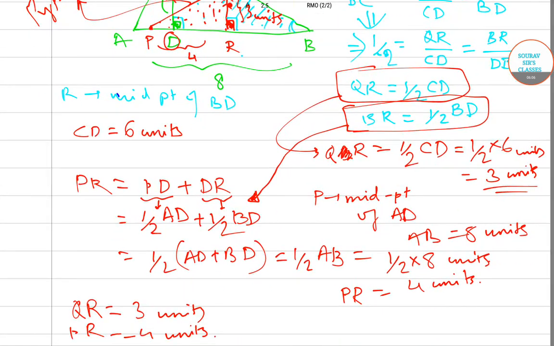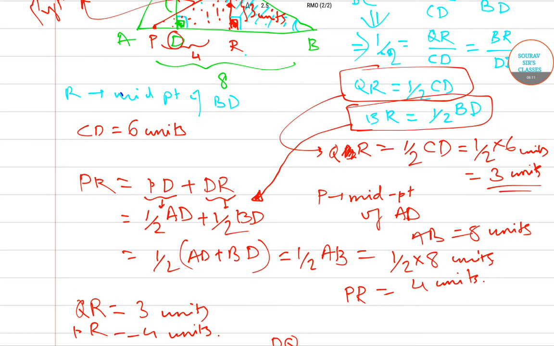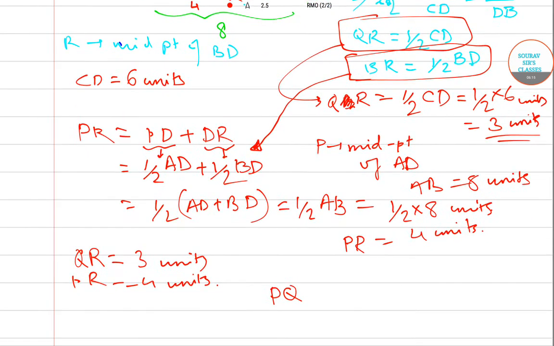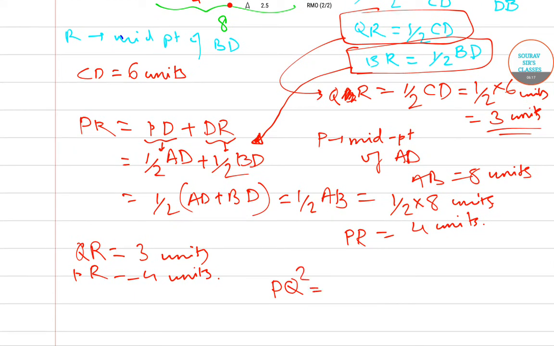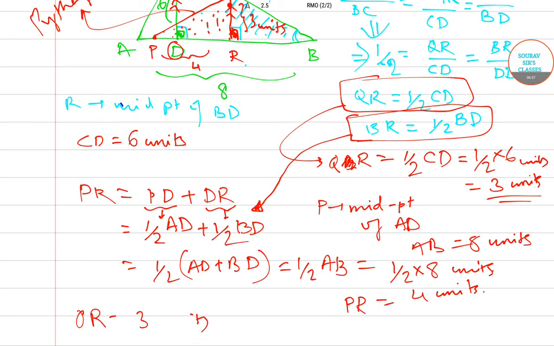This is a right angle triangle, see this is a 90-degree angle, so PQ square equals PR square plus QR square, so 4 square plus 3 square equals PQ square, hence PQ equals 5 units in length.